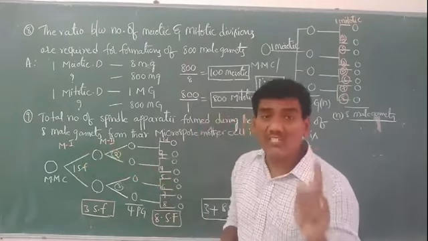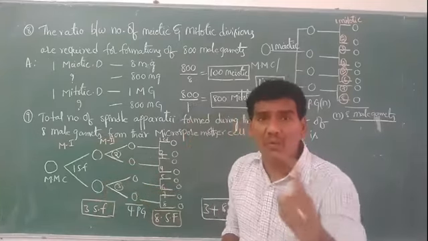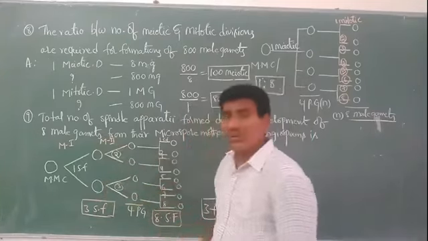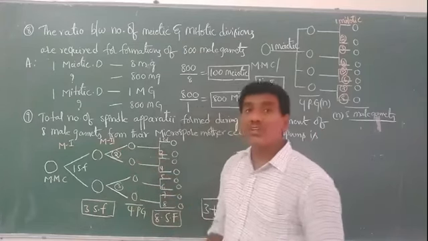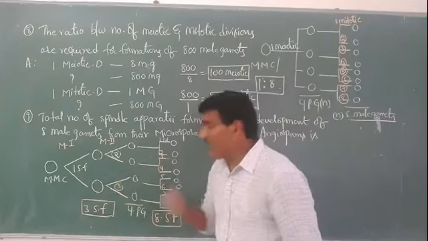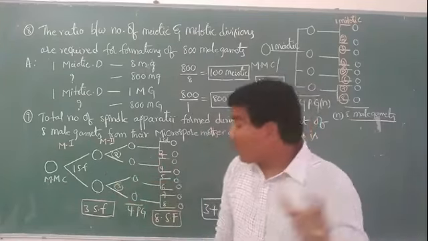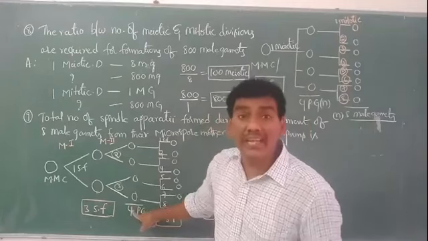In meiosis 1, 2 cells are formed and 1 spindle fiber is formed. In meiosis 2, 4 cells are formed and 2 spindle fibers are formed. So totally, 3 spindle fibers are involved for the formation of 4 pollen grains.